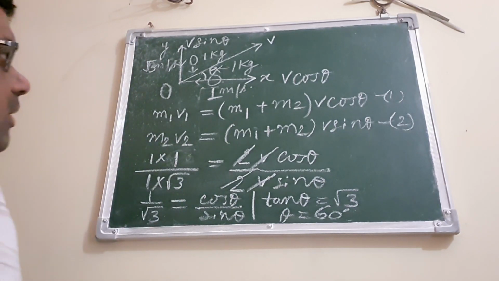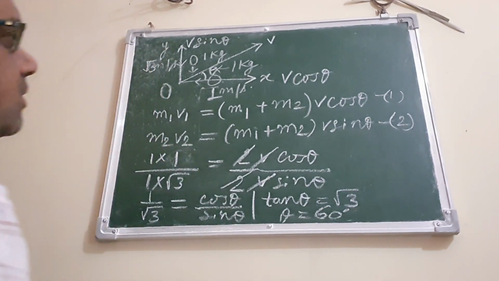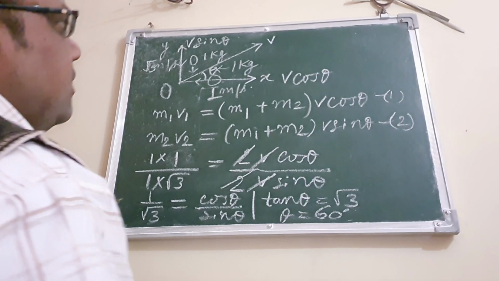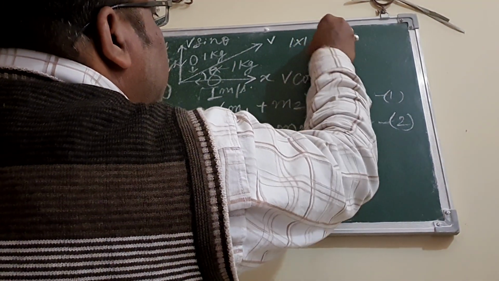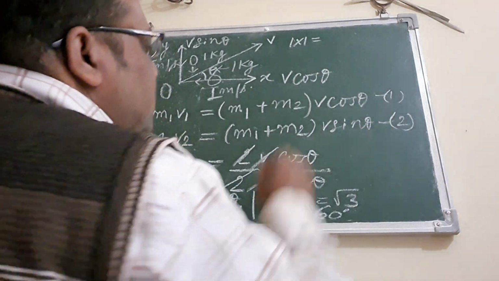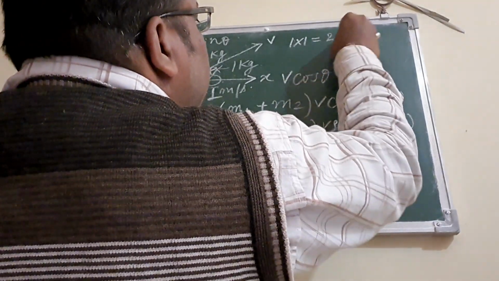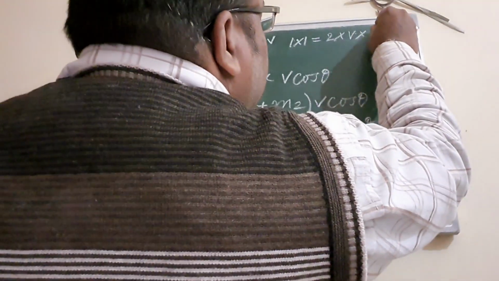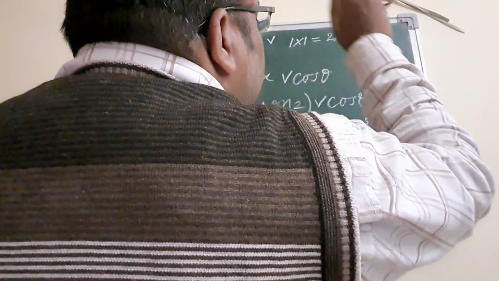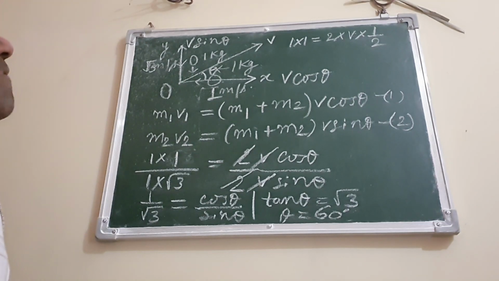Now we will keep this value in the first equation and determine the velocity. So it will be 1 into 1 is equal to 2 into v into cos of 60 degrees, that is 1 by 2.